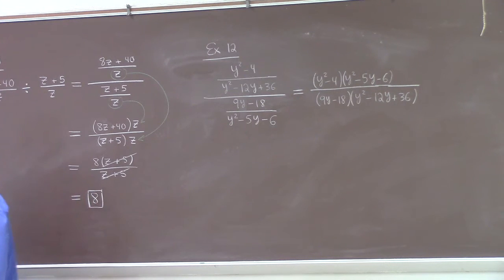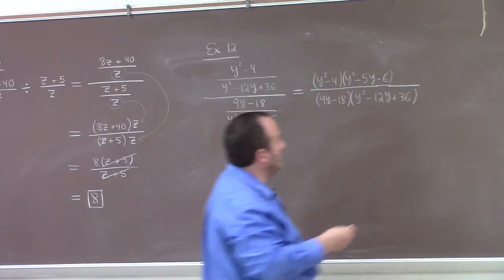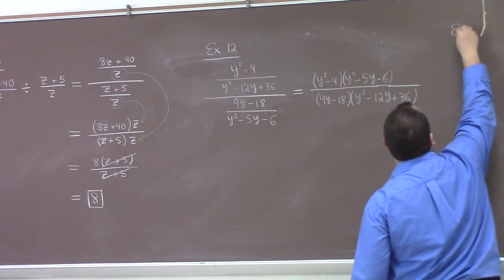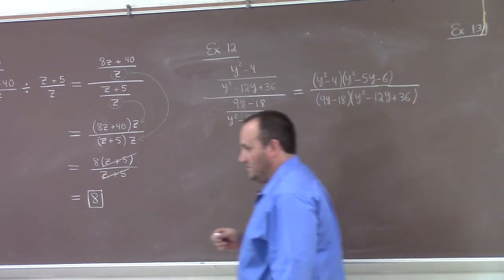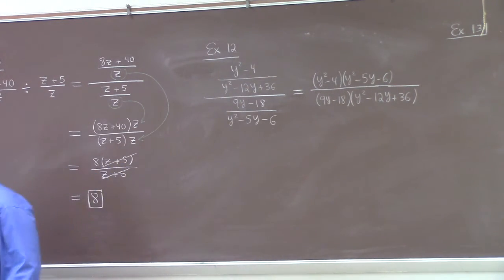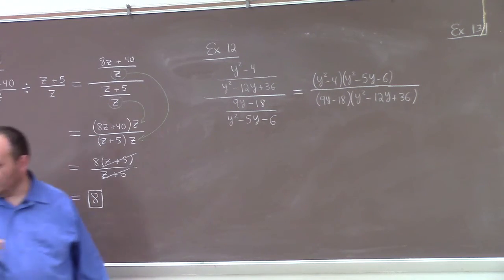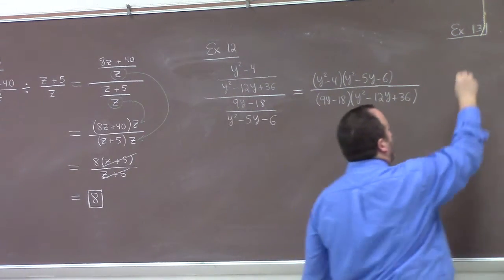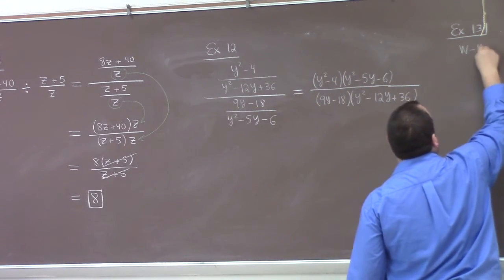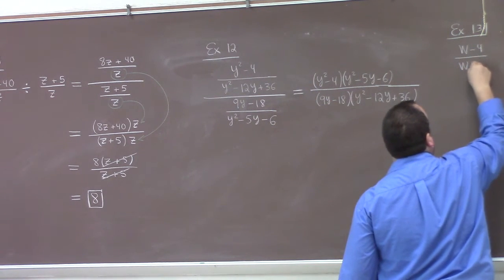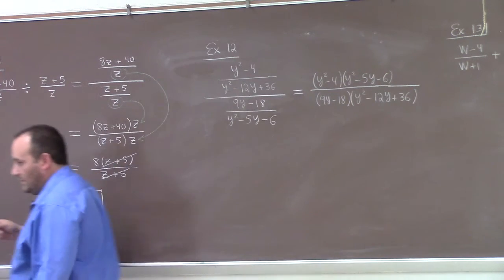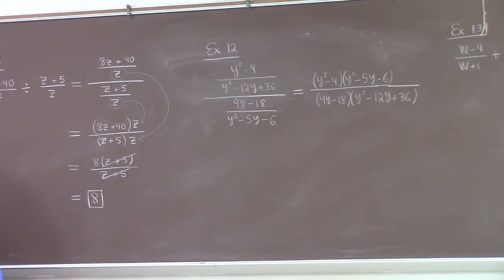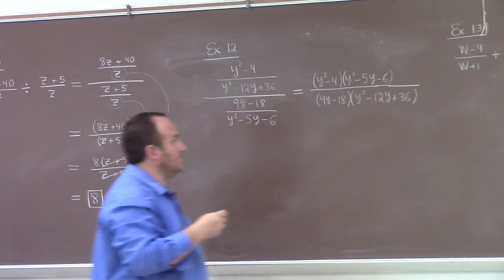That's exercise 12. Exercise 13, we're supposed to add fractions. I'm not done with this one. W minus 4 over W plus 1 plus W plus 5 over W minus 2.